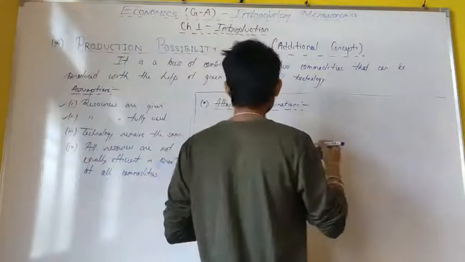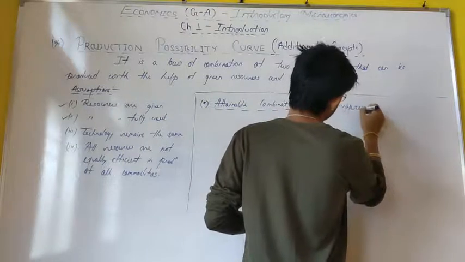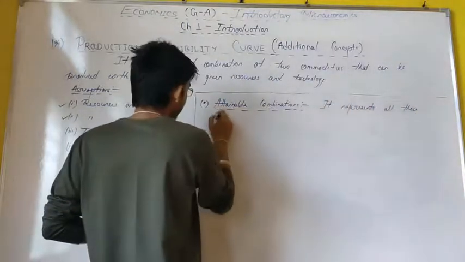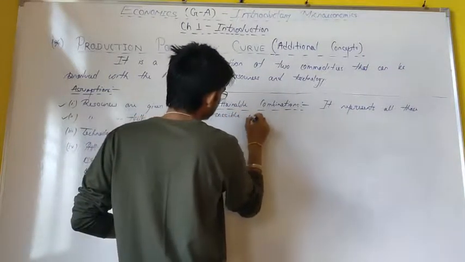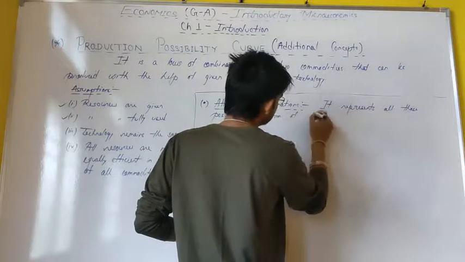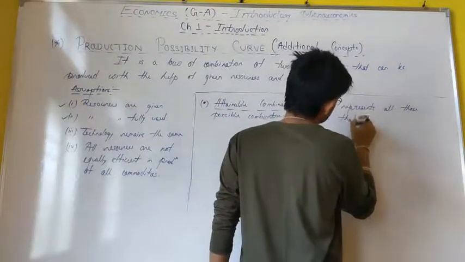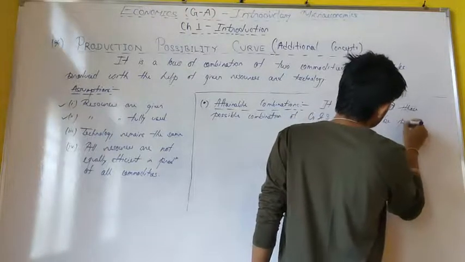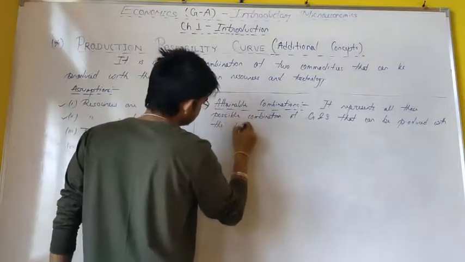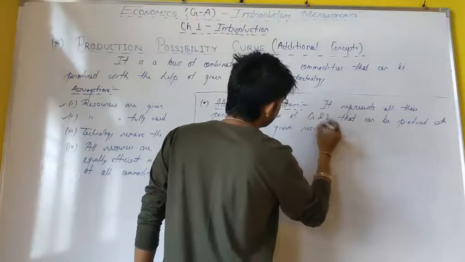So we can define attainable combination like this: it represents all those possible combinations of goods and services (G and S) that can be produced with the help of given resources.